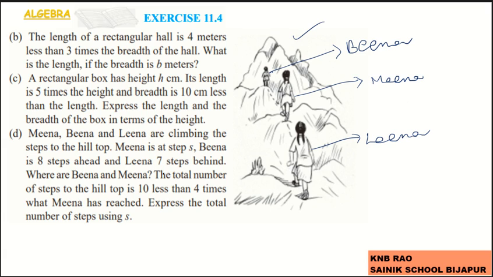Now Meena is at step s. Beena is 8 steps ahead, which means to s I have to add 8.